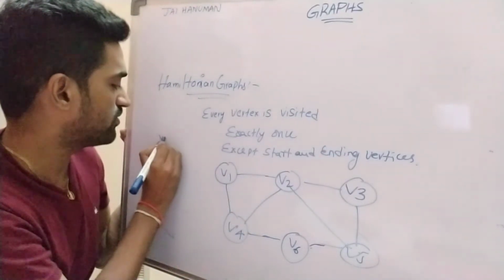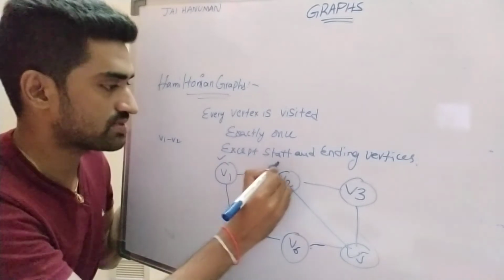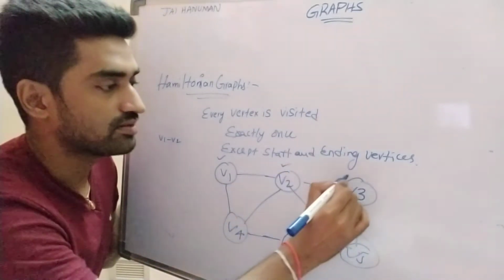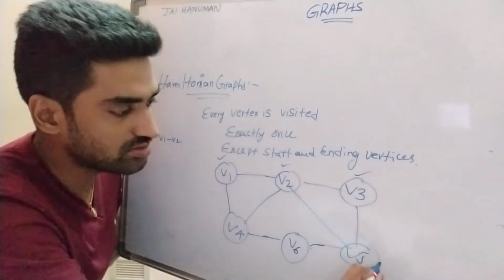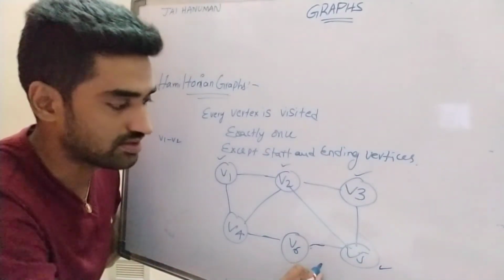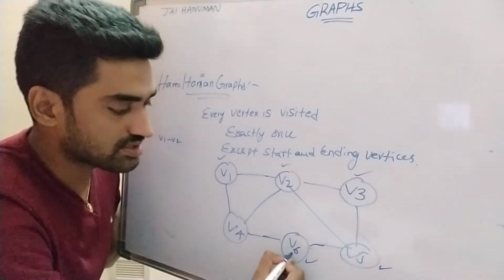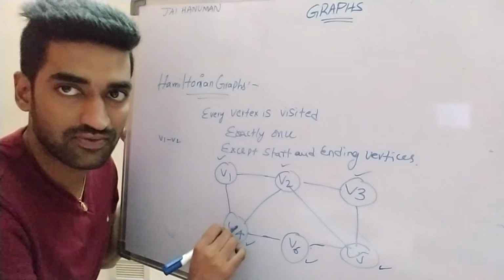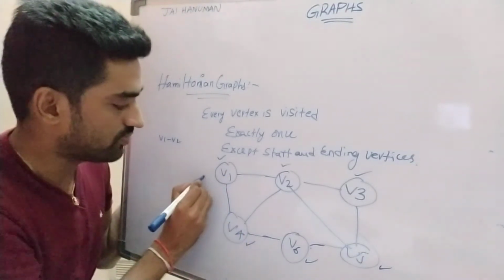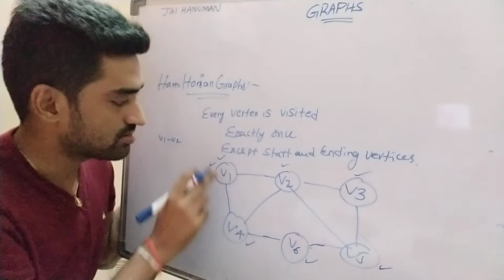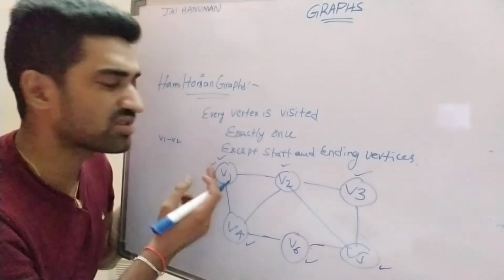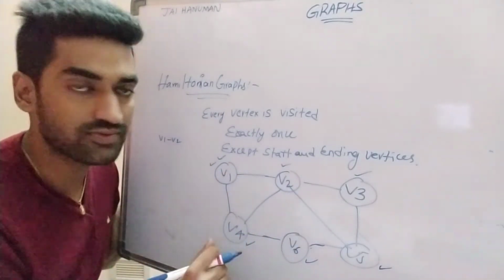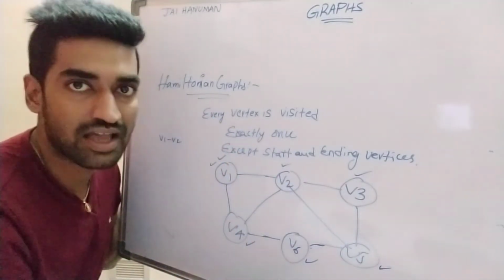V1 to V2, V2 to V3, V3 to V5, V5 to V6, V6 to V4, V4 to V1. Each of these vertices has been visited. The starting and ending vertex is visited more than one time, but every other vertex has been visited exactly once. So that's why this graph is called a Hamiltonian graph.